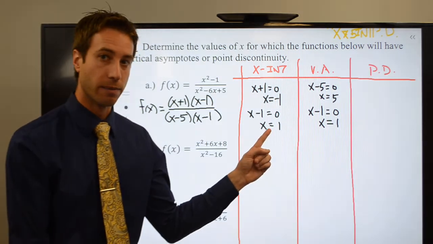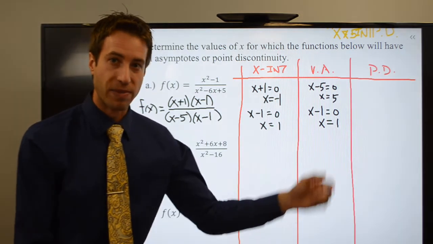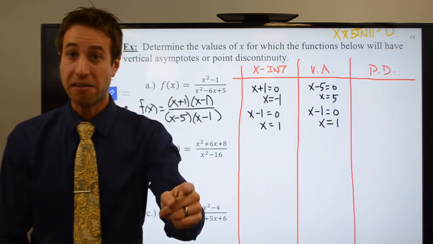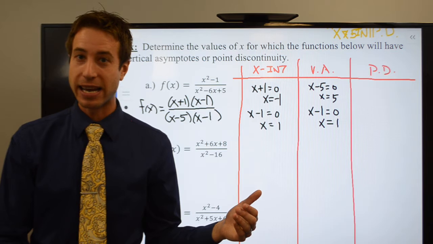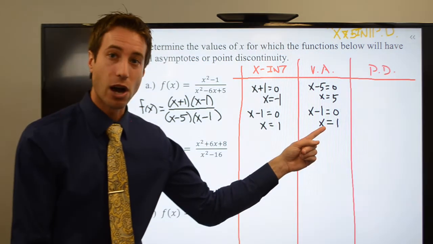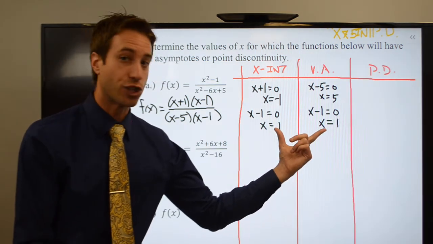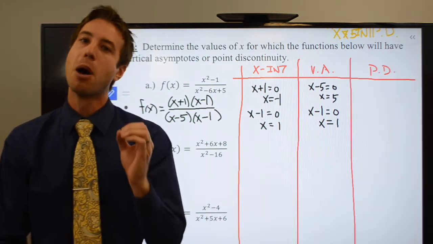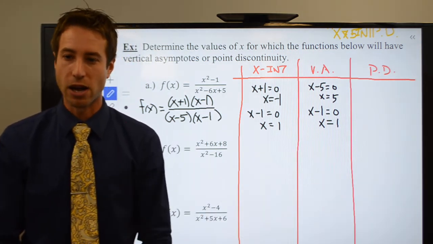X equals 1, x equals 1. Guys, when we do these graphing problems, that is your dead giveaway. It is not an x-intercept. It is not a vertical asymptote. If it shows up in both places, it is actually point discontinuity.